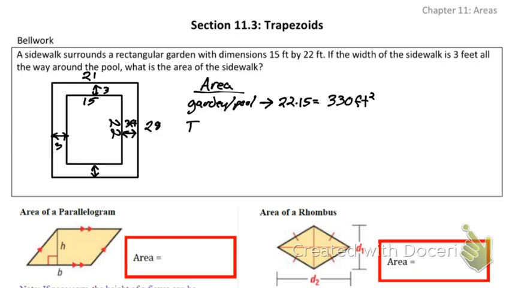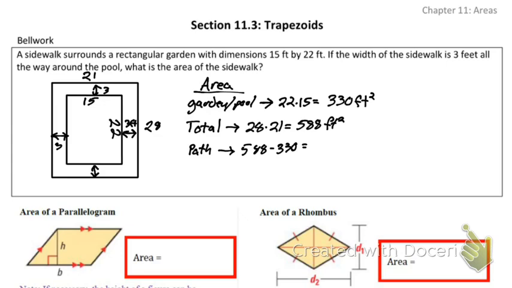The big rectangle is going to have the area 28 times 21, which is going to equal 588 feet squared. And finally, the path is just going to be the big area minus that garden pool in the middle. So that'd be 588 minus 330, which equals 312 feet squared.